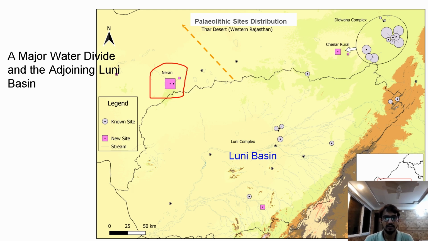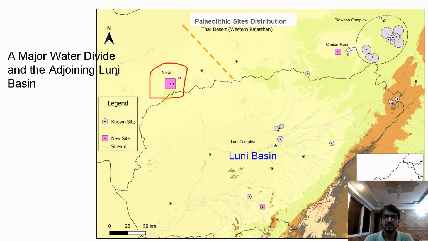It means there was no major river and no guarantee of water throughout the year in this desert. So this was the point where we started analyzing how the hominins got there and which water sources they were surviving on.